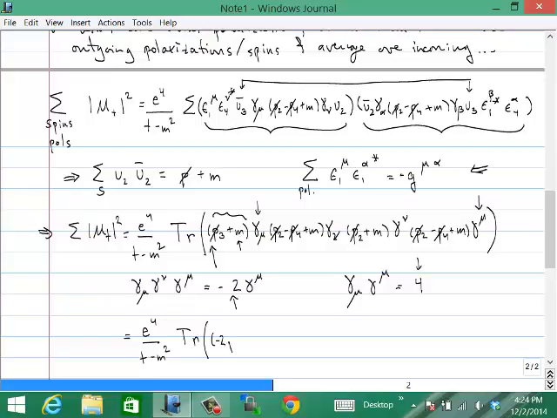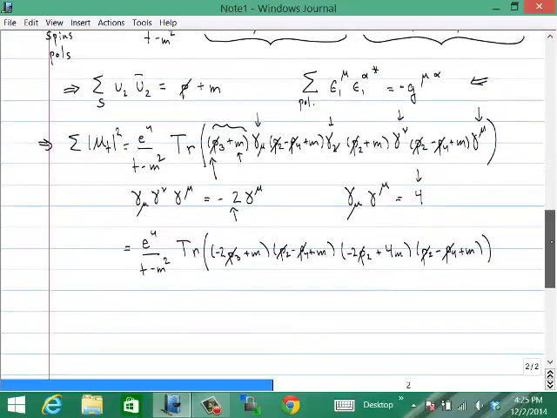So you get -2 P3 slash plus M, P2 slash minus P4 slash plus M. The gamma nu here can be contracted with this gamma nu here with similar factors of -2 and 4. And you're left with an expression which is a trace of only 0, 1, 2, 3, or 4 gamma matrices.